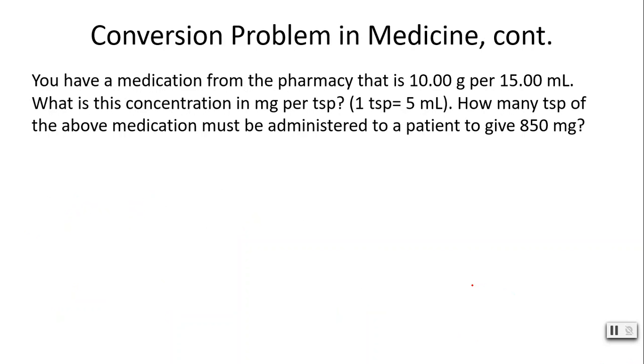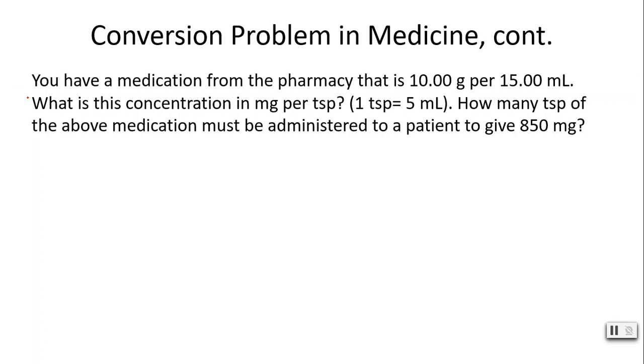Let's do another example. This is still in the subject of medicine, but more in a pharmaceutical or hospital lab situation. Let's say you have a medication from the pharmacy that is 10 grams per 15 mils. And I've got 2 questions here.